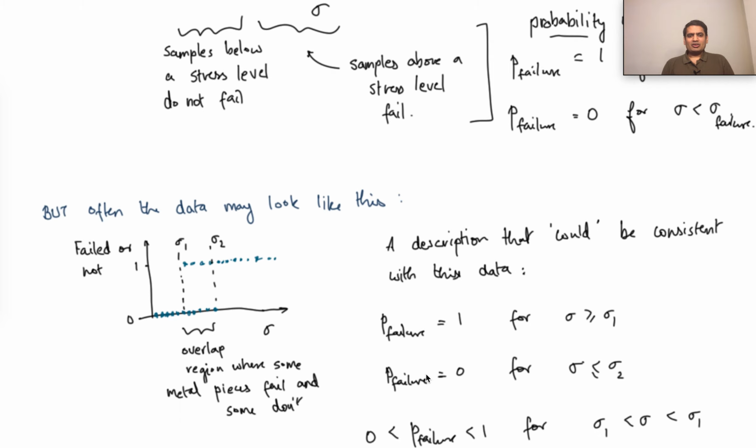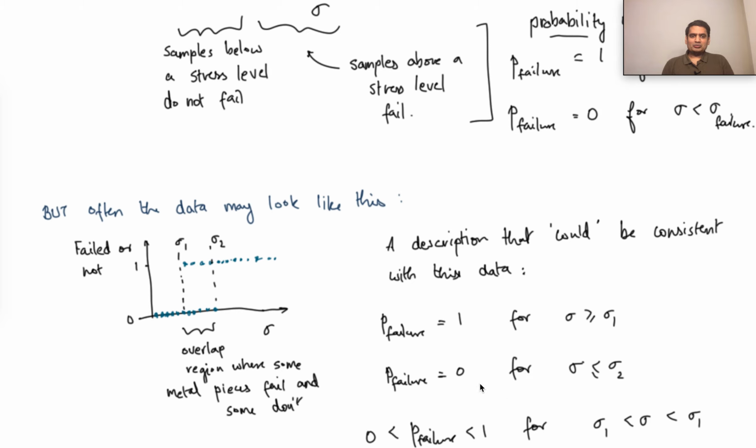Okay, so I've noted these thresholds to be sigma 1 and sigma 2, where the probability of failure is 1 for sigma greater than sigma 2, the stress greater than sigma 2. The probability of failure equals 0 for sigma less than sigma 1, I should have said here.